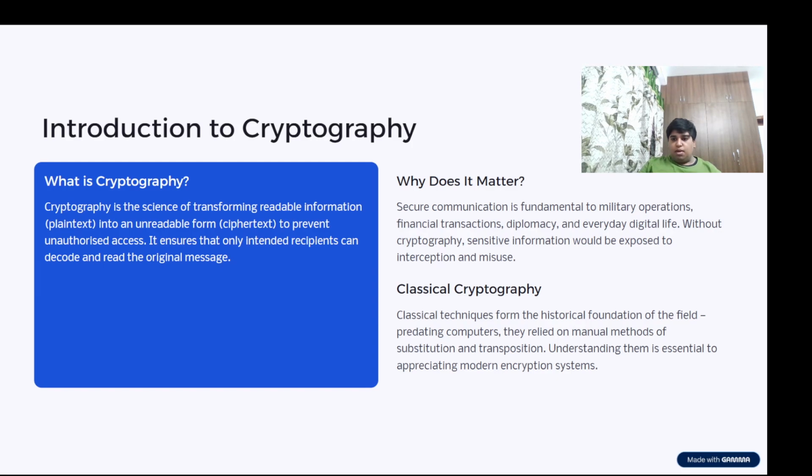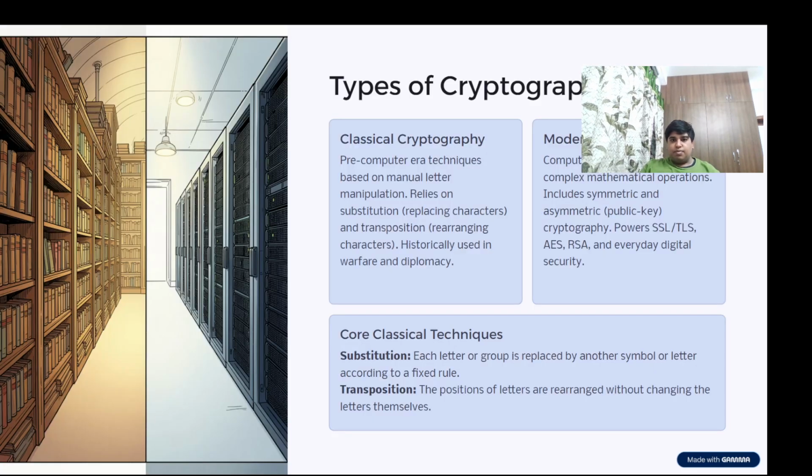Mathematics as a field was not that developed in those days, so they relied on simple techniques such as substitution and transposition, which will be discussed later in detail, along with how they are used. Understanding them is essential to appreciate modern encryption techniques.